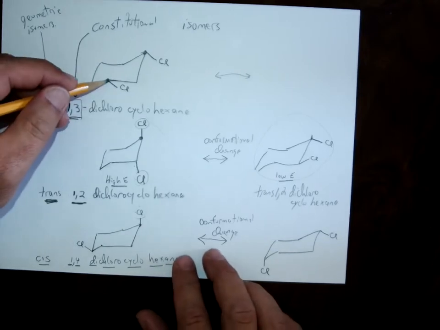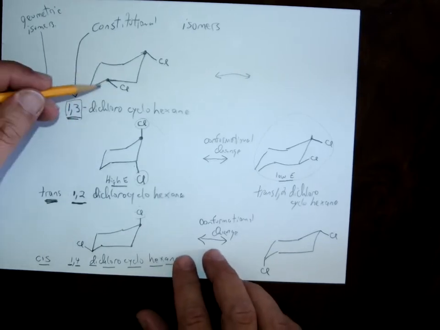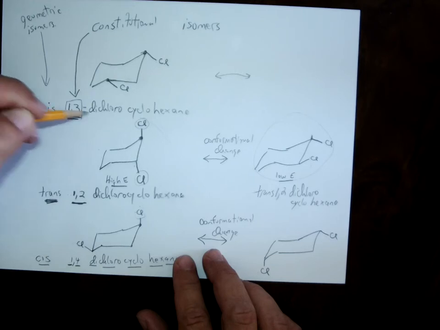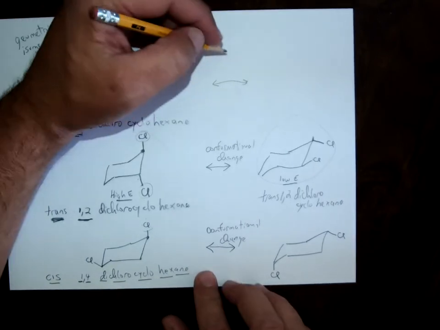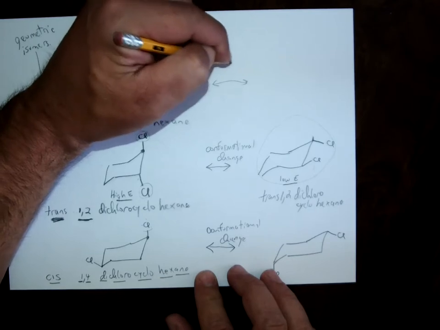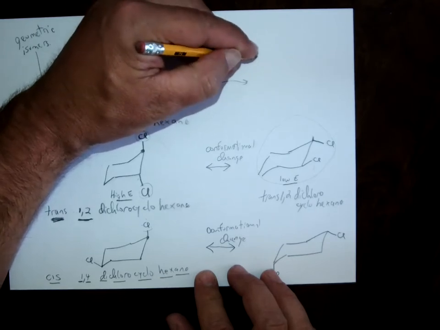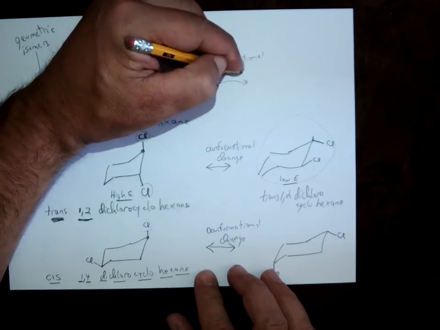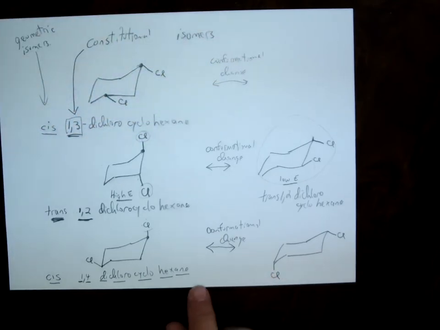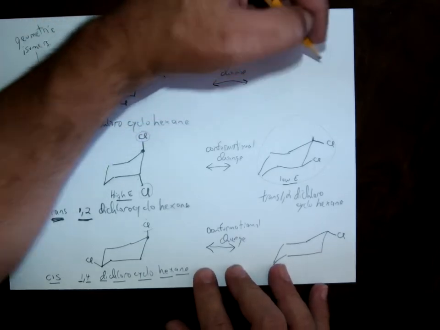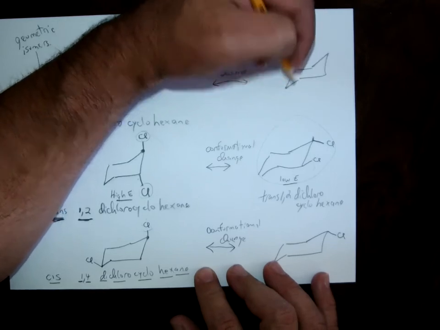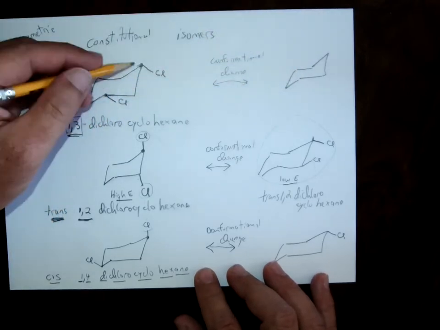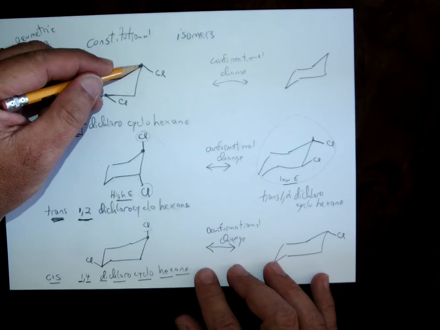And so this one, which is the cis-1,3 dichlorocyclohexane, right? If I do the conformational change, it's still going to be cis-1,3 dichlorocyclohexane, but what happens is the axial positions turn equatorial and the equatorial positions turn axial.